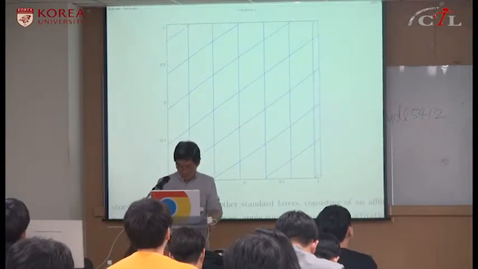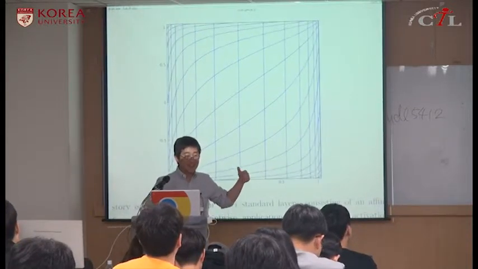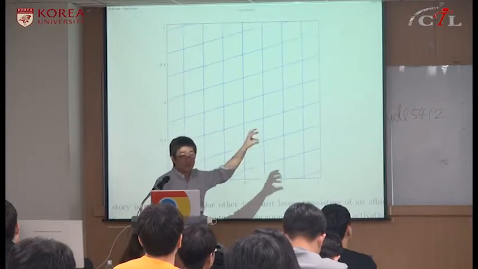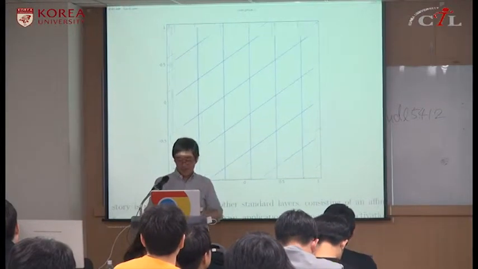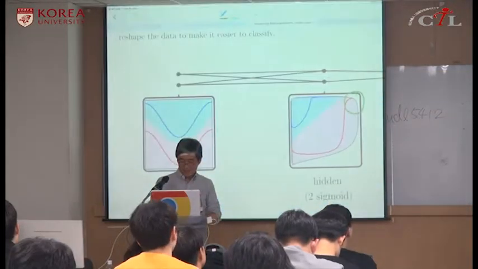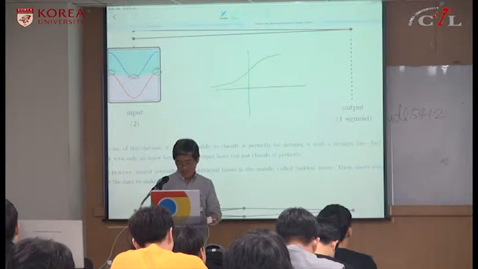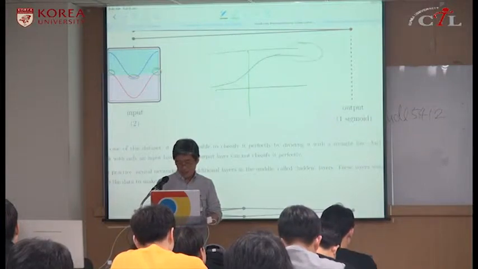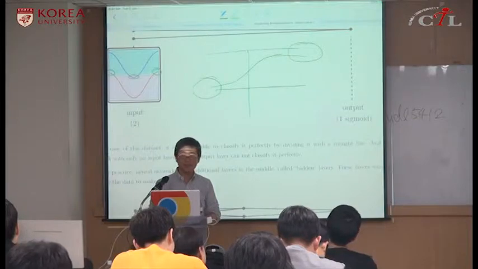It seems to be quite slow. Yep, so it is getting squashed at a certain region, right? That region corresponds to the region squashed by our sigmoid function, or this nonlinear transformation, right?